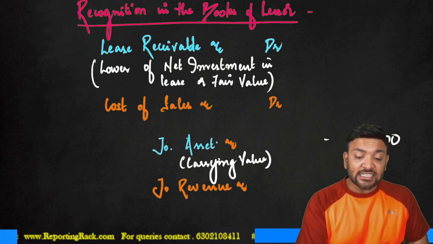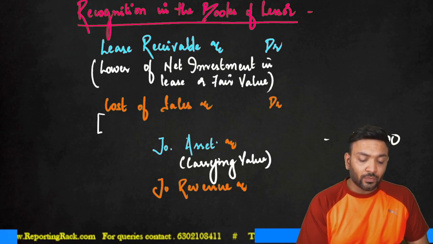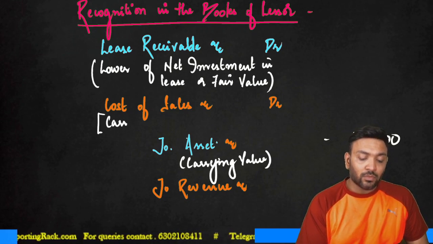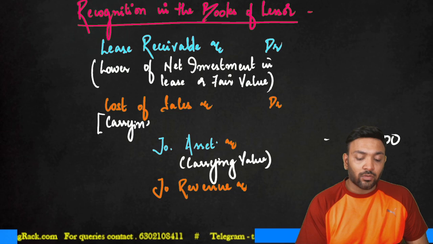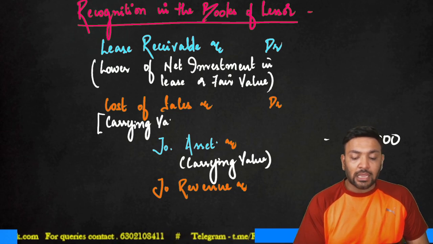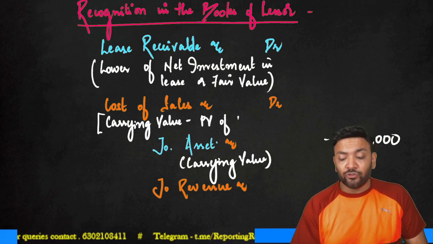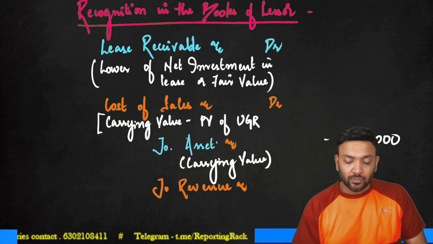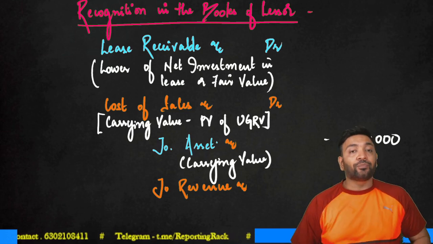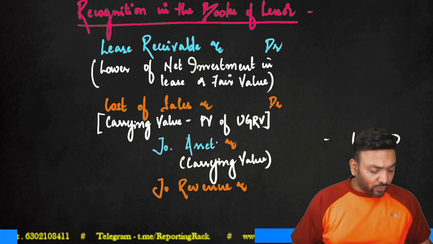My cost of sales is equal to carrying value minus present value of UGRV. What about your revenue?